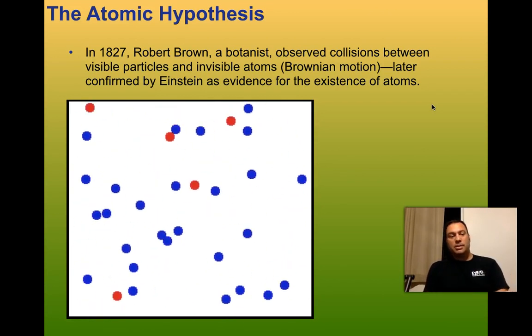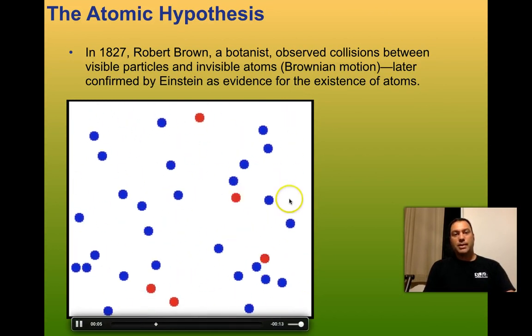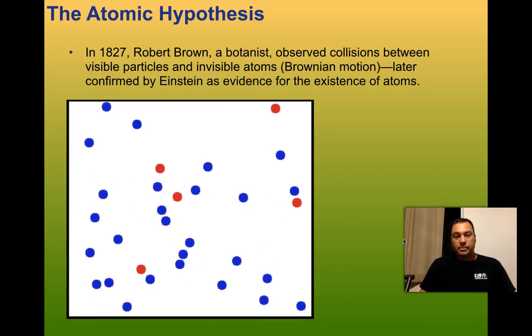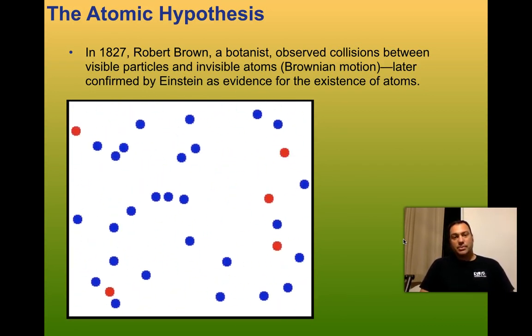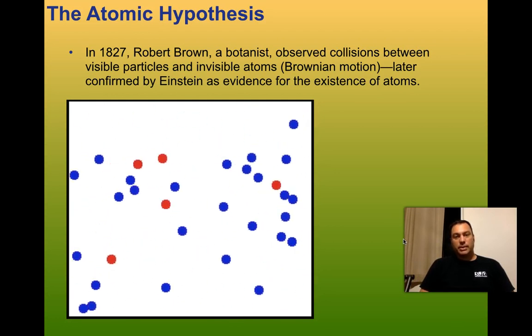So let's come to this diagram over here to explain what that means. Notice that there are blue dots and red dots on this diagram. The blue dots are invisible. We can see them because we're using a diagram, but imagine that they're invisible and that you can only see the red dots.